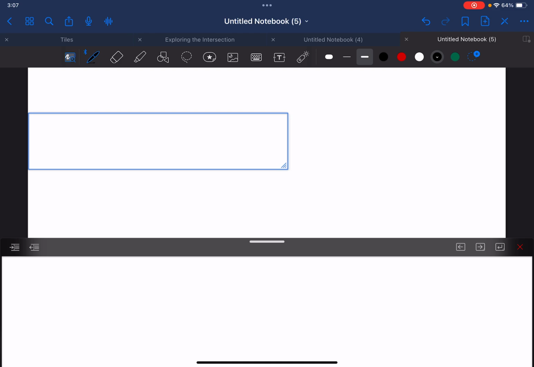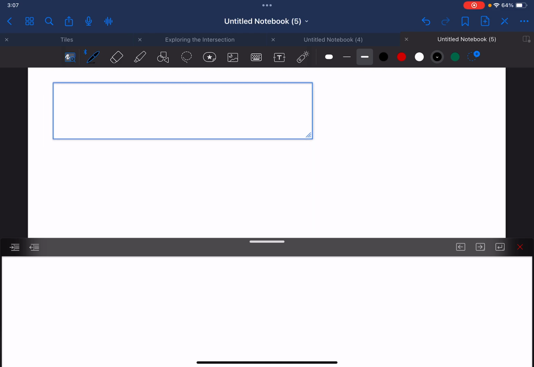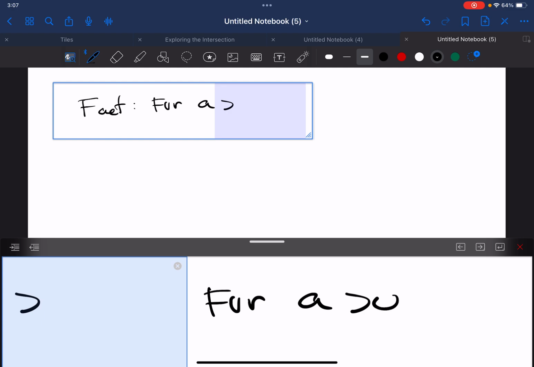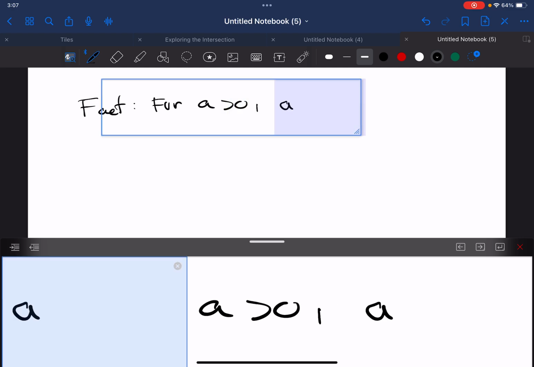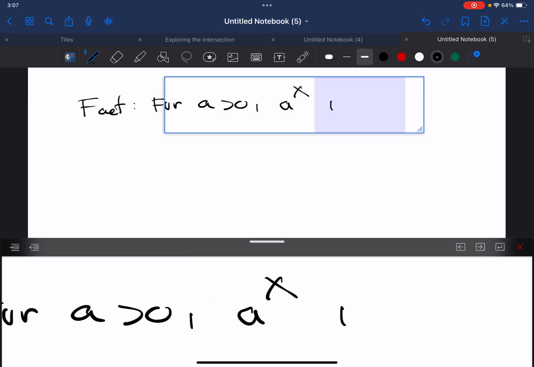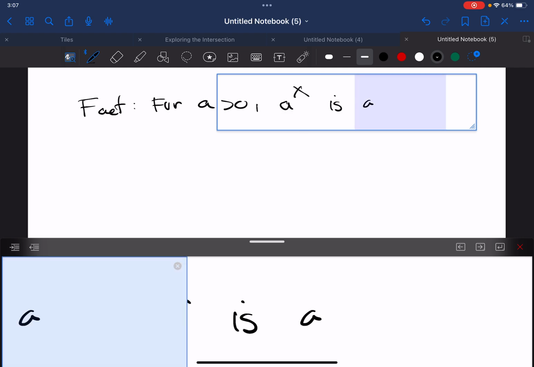The key fact that's going to help us to find the solution is as follows. This is a simple fact. For a positive a, a to the power x is a monotonic function.